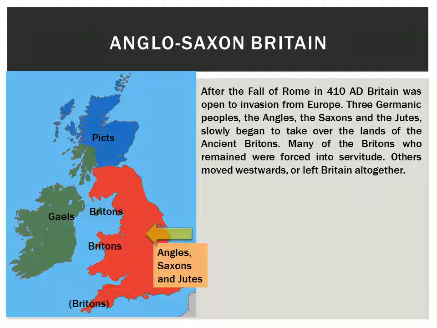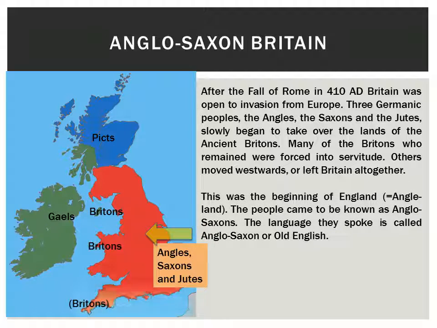A lot of the Britons who stayed were forced into slavery or servitude of one kind or another, and others moved westwards into Wales here, or they left Britain altogether at that time. So the Angles, the Saxons, the Jutes, they became the dominant people in that area. And this was the beginning of England.